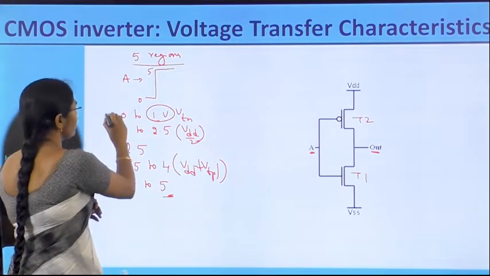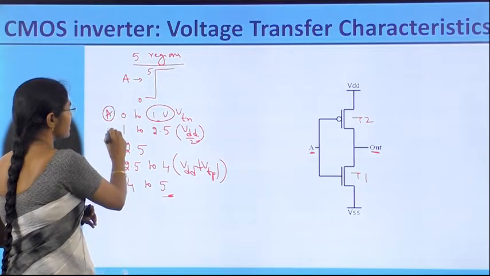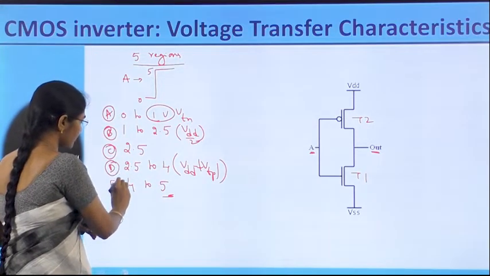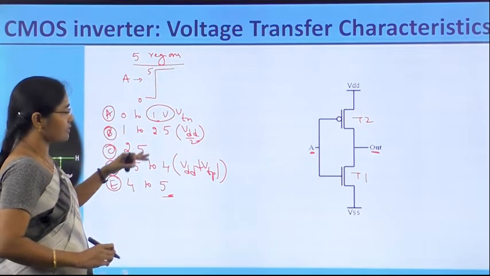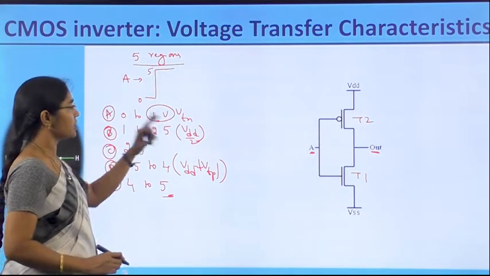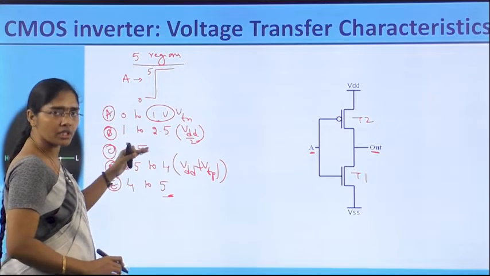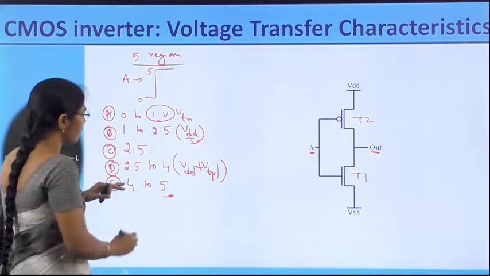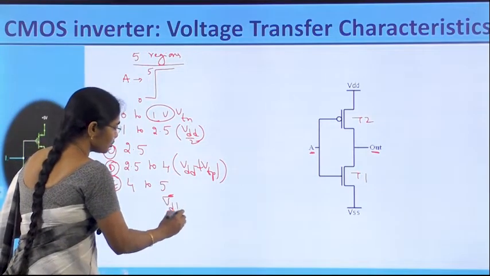Therefore, we take 5 regions: region A, region B, region C, region D and region E. The values are 0 to VTN, VTN to VDD by 2, VDD by 2, VDD by 2 to VDD minus mod VTP, and VDD minus mod VTP to VDD.